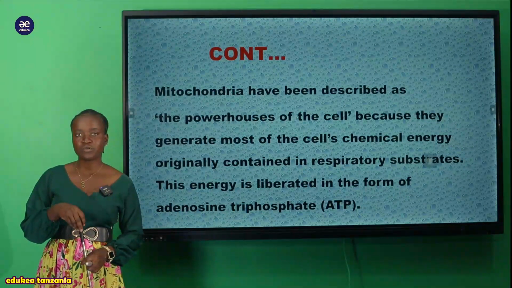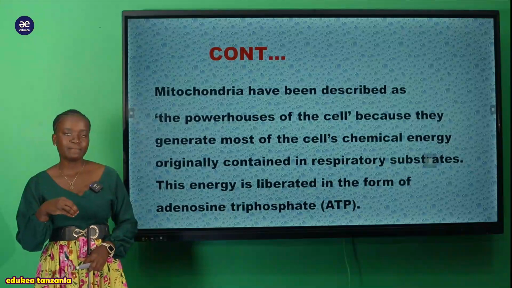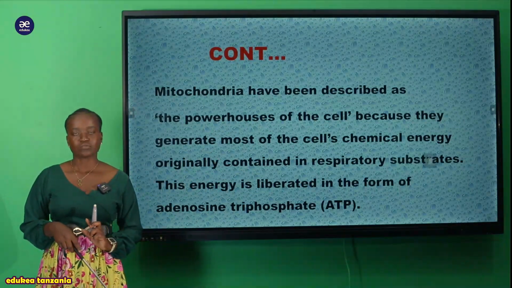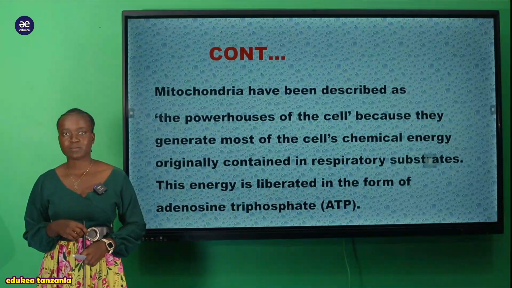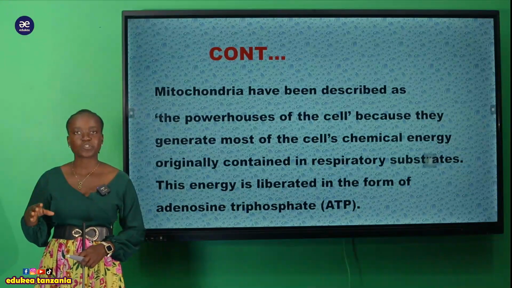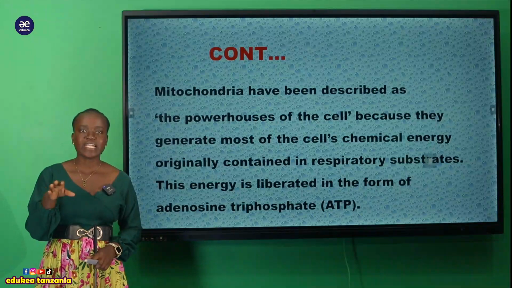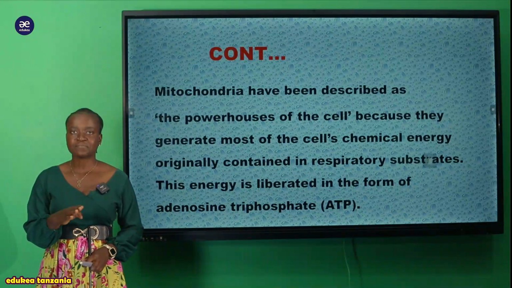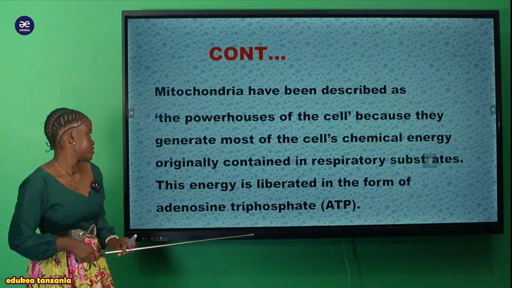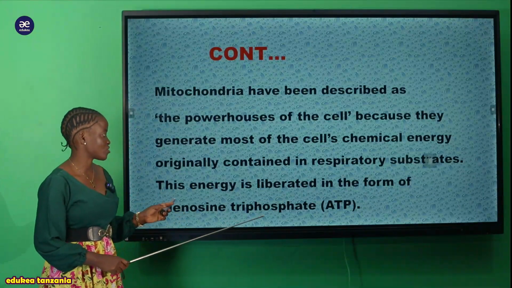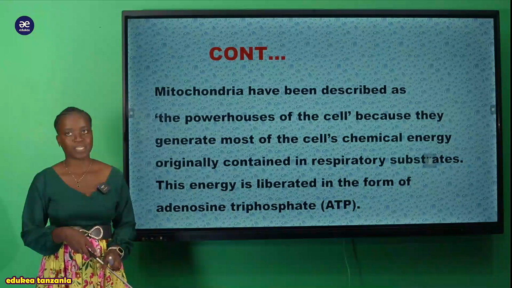But here you have to know that hii ambayo tunaita mitochondria tunaita kama powerhouse of a cell. Kwa sababu gani? Kwa sababu ile mitochondria ndio ambayo iko responsible kwa ajili ya kutengeneza ATP ambayo itatumika kwenye seli nzima. So this energy is liberated in the form of adenosine triphosphate, that is ATP.